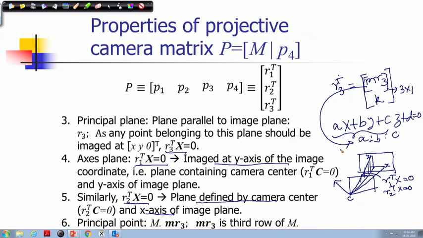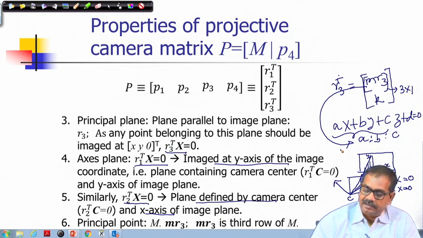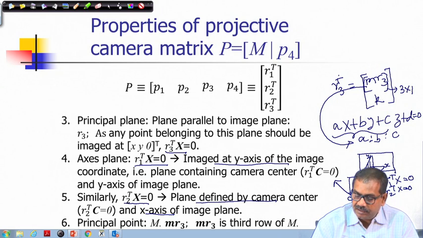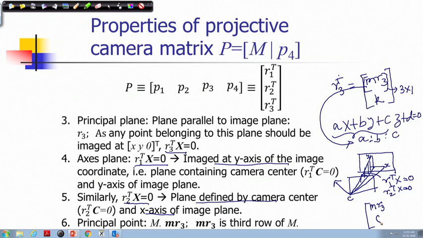The principal point is the image of the point lying in that direction, and as I mentioned, any point lying at infinity in that direction should be represented in this form. In this case MR3 is that direction, and the point lying at infinity in that direction has a 0 as the last coordinate.